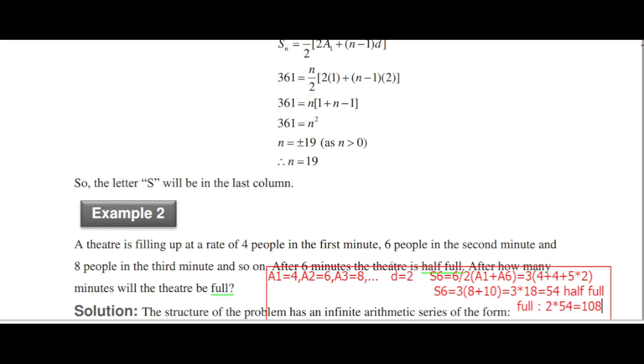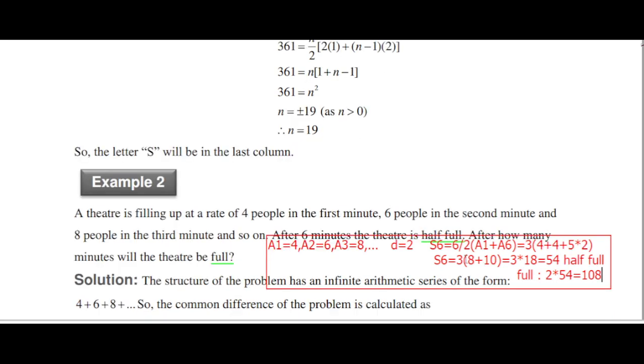Now what we need to find is the n value. Let's use this formula here. Sn is equal to, what we need to find here, the n value. Sn is equal to n over 2 into a1 plus an.